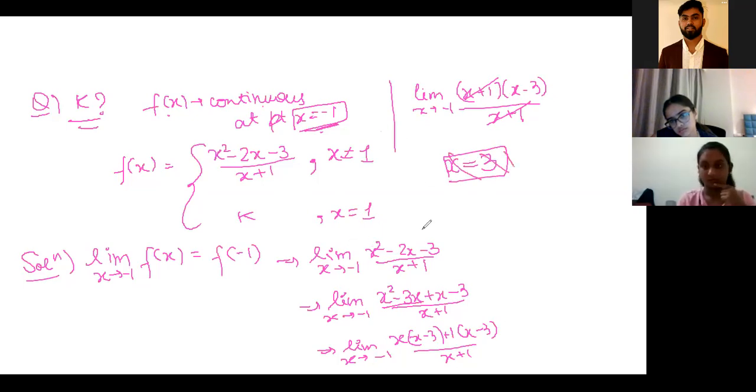So when we keep the value of x here, we'll get minus 4, right? And the value of k will be minus 4. Is that fine? After cancelling this, we have kept the value of minus 1 in this, and then we got our answer minus 4.